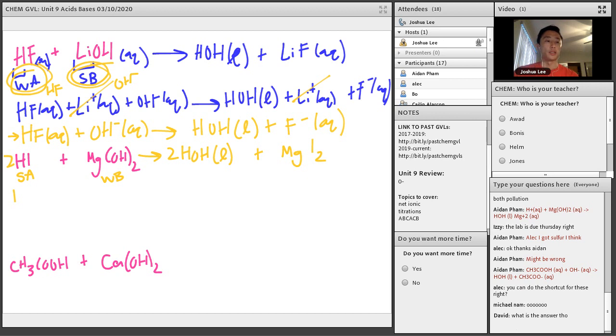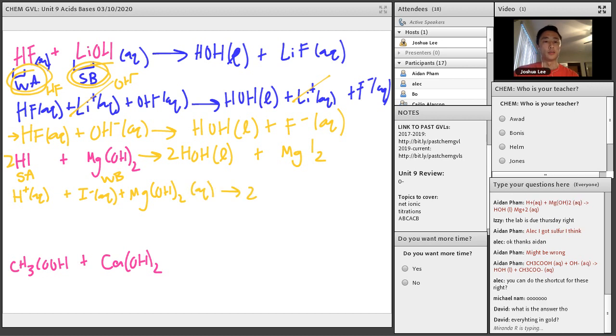Then strong acid, we break it apart. So the H plus. Weak base, we keep it together. Aqueous. Keep the water together.